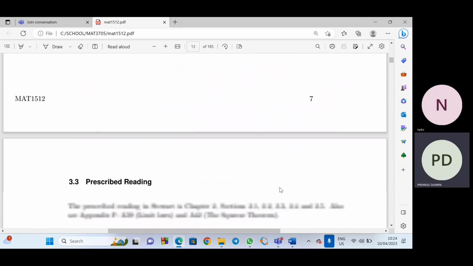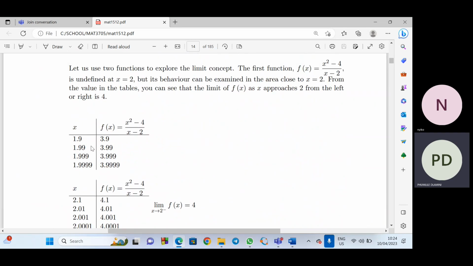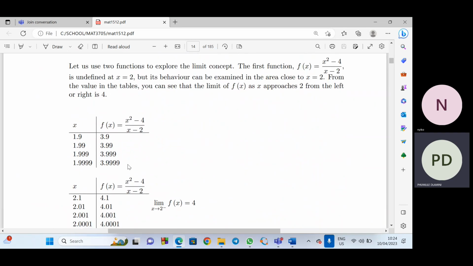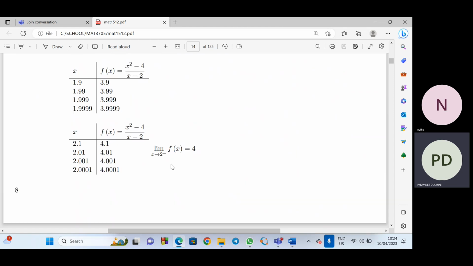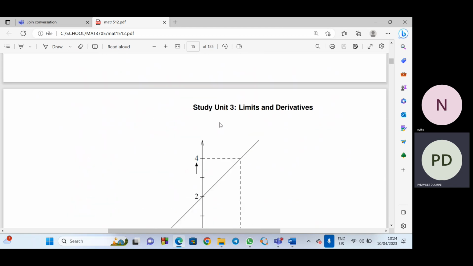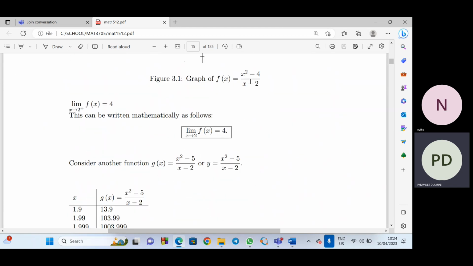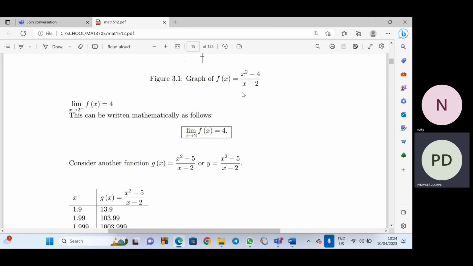If you check here in your study guide, they will start by showing you limit of f of x. This one is just a matter of showing you what happens. This is the left-hand side, the one I was showing you. This is just a graph of the function. They are showing you that the limit of f of x equals 4 for this function.